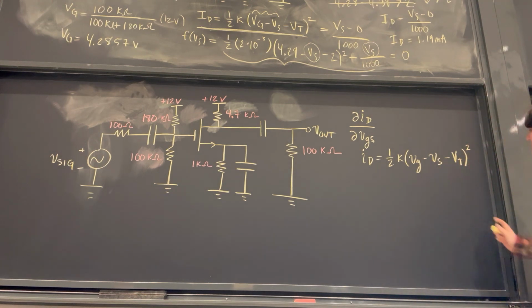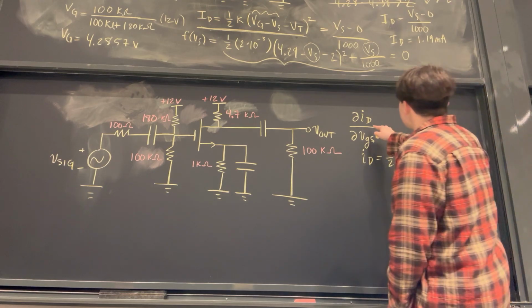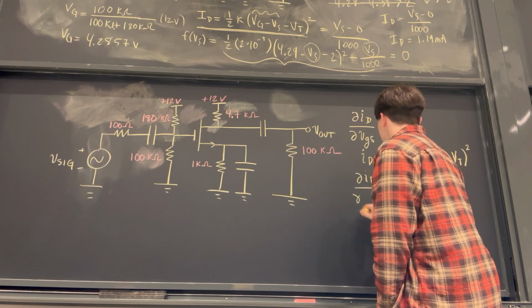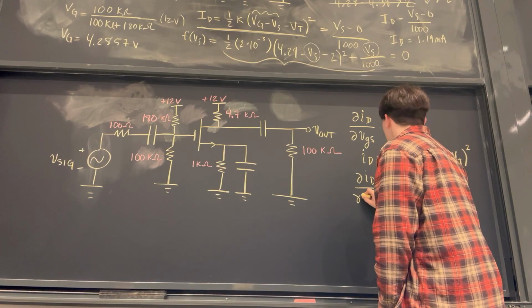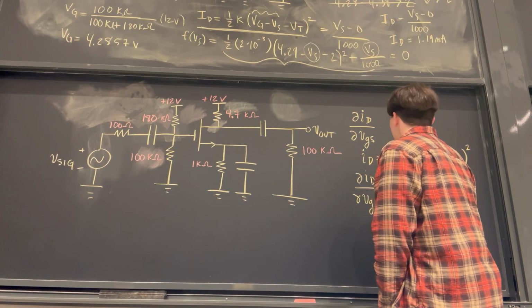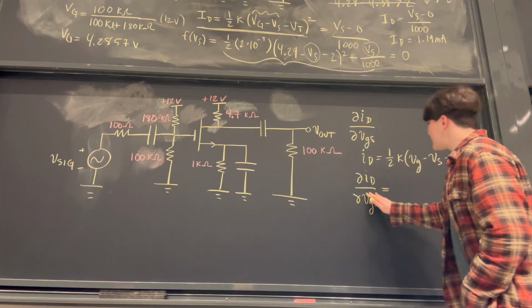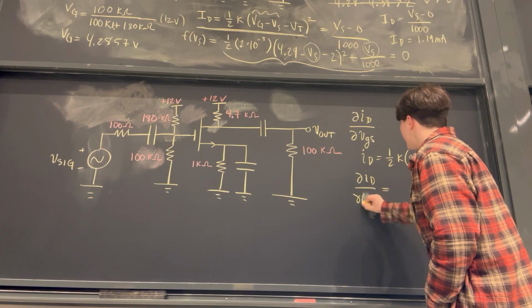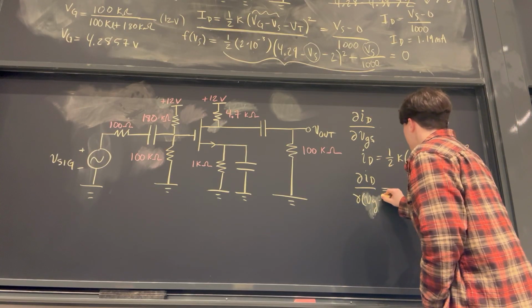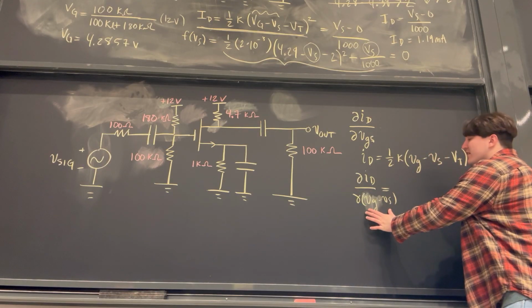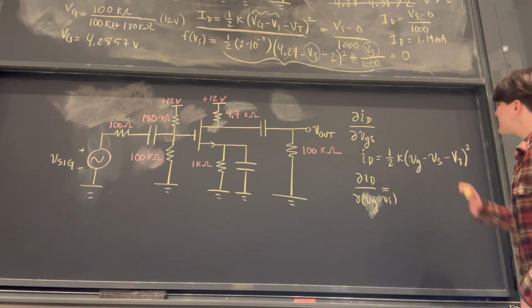This is the saturation equation I wrote on the board above. So if I take this partial derivative of ID with respect to VGS, where VGS is literally the difference, which is VG minus VS, we're literally saying that this is one variable and differentiating with respect to this variable.